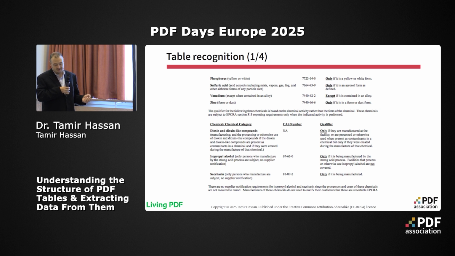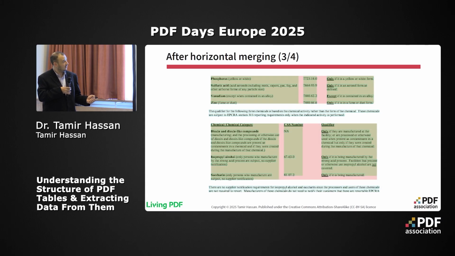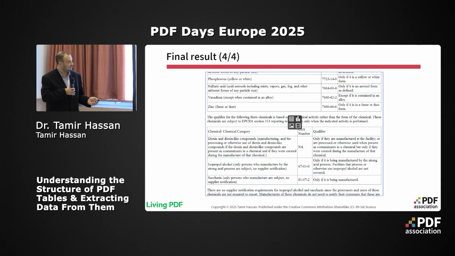A simple way is to start looking at columns and try to find what looks like a column or a potential column, and then by merging the columns horizontally according to rules, it's possible to find a complete table. In this case, we started going vertically and then moved to the horizontal direction. And this is then what the final result looks like.